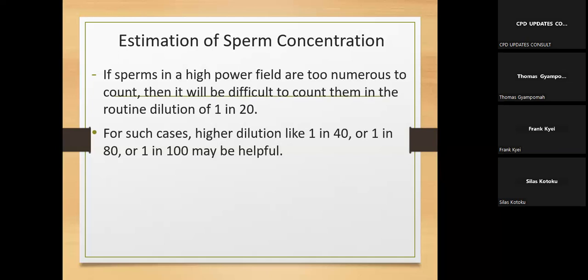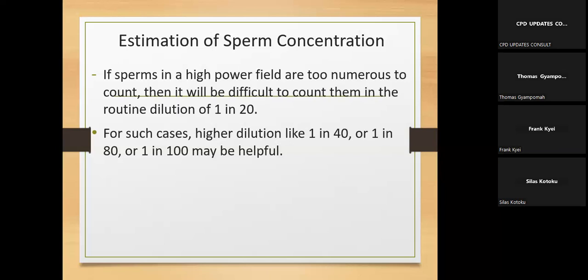Remember, 1 in 2 mathematically is 1 over 2. Sorry, 1 in 20 is mathematically 1 over 20. That's the ratio. When I say 1 in 2, it means 1 over 2. When I say 1 in 20, it means 1 over 20. So if I do a 1 in 2 from a 1 in 20, it becomes 1 in 2 of a 1 in 20. Please take note.